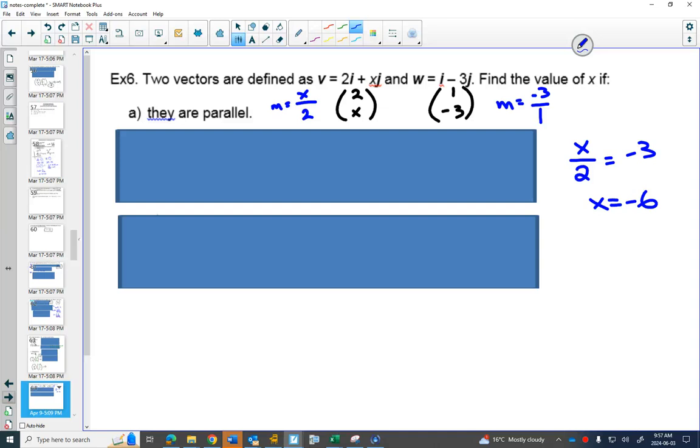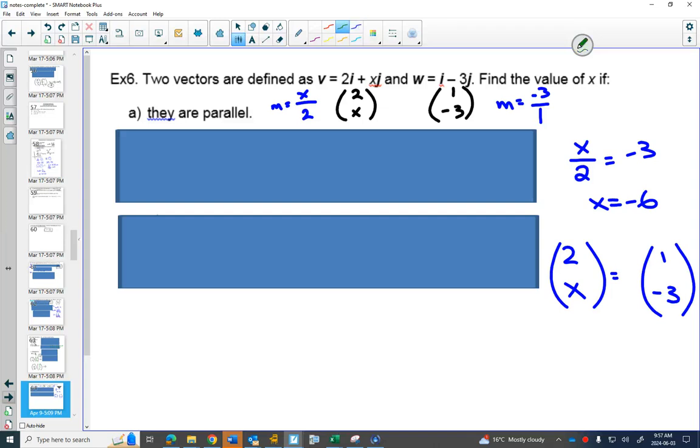I'm not even going to empty the boxes. We'll just talk about it. Method 1, you could think of slopes. Method 2, and method 2 is going to work with 3 dimensions as well, so it's kind of nice. Method 2 says if things are parallel, then one is a scalar multiple of the other.